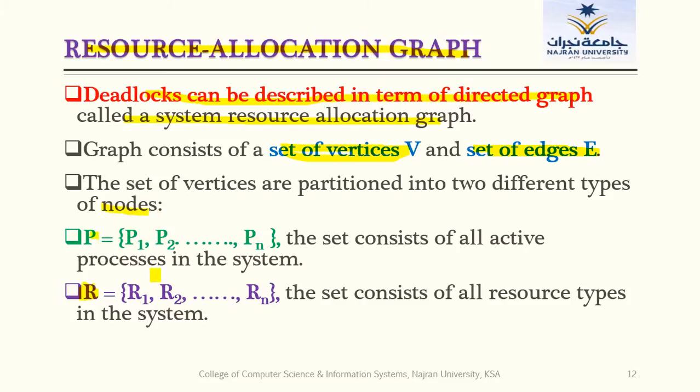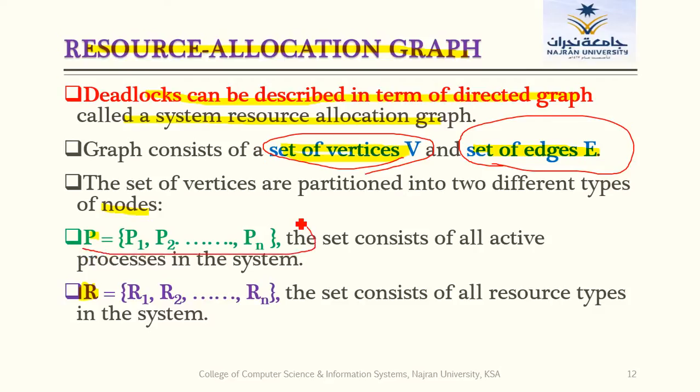So how can we check whether deadlock occurs or not? We will make a resource allocation graph, and this resource allocation graph will consist of a set of vertices and a set of edges, the vertices being processes and resources.